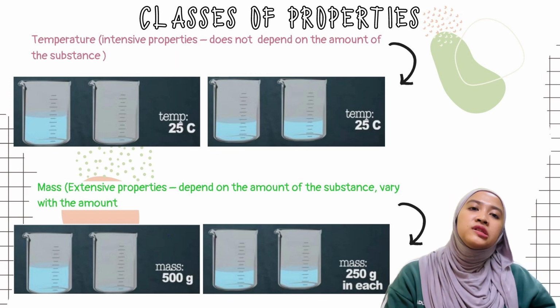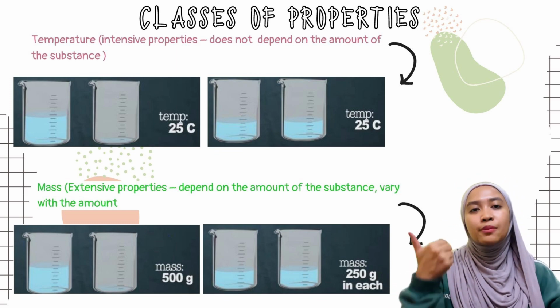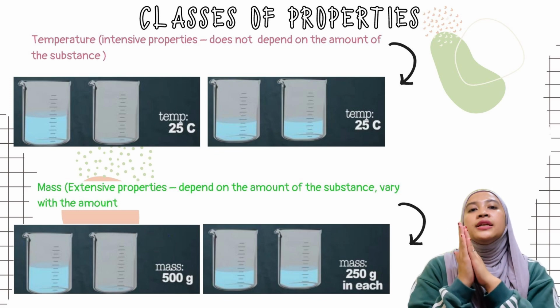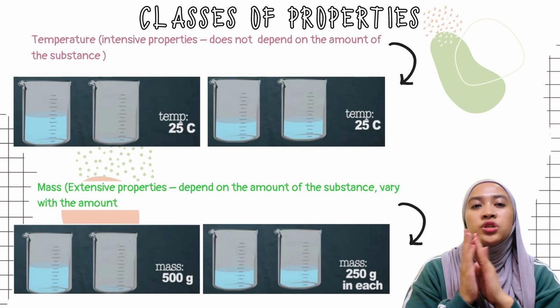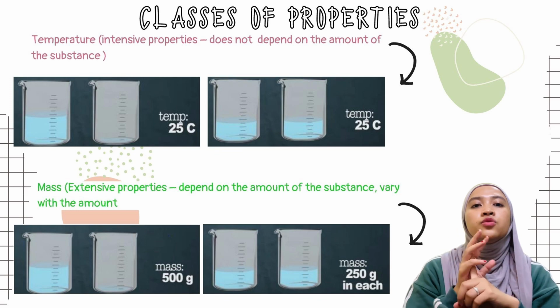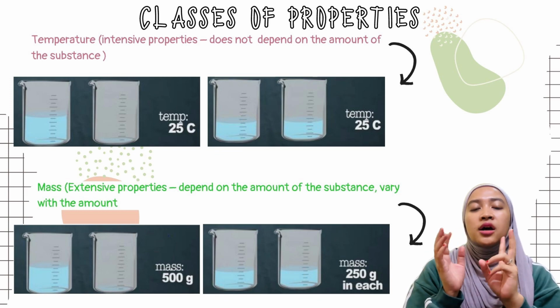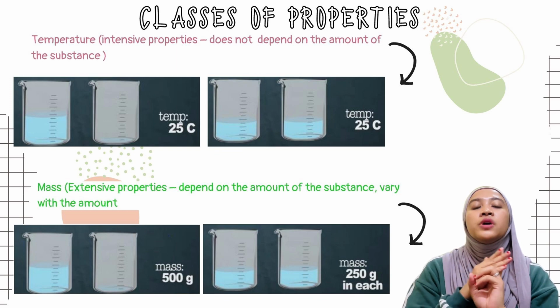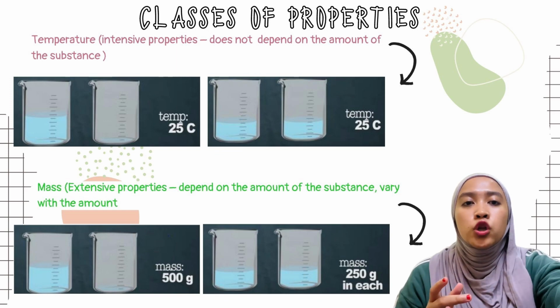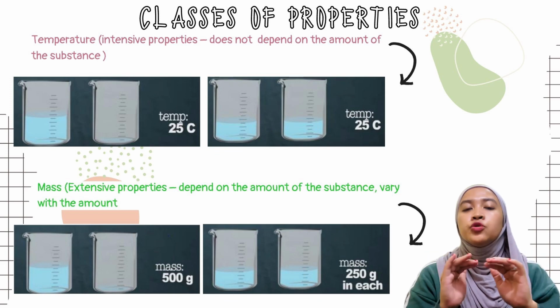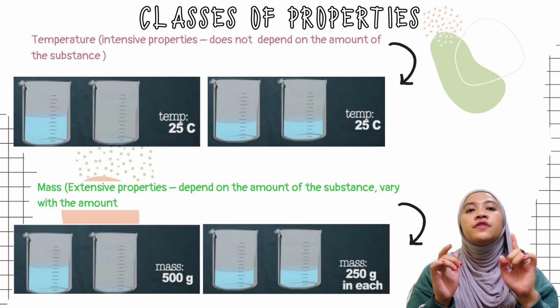For example, an intensive property is temperature. Like in the picture above, there are two beakers with different volumes of water, but the temperature is the same. It remains 25 degrees Celsius.